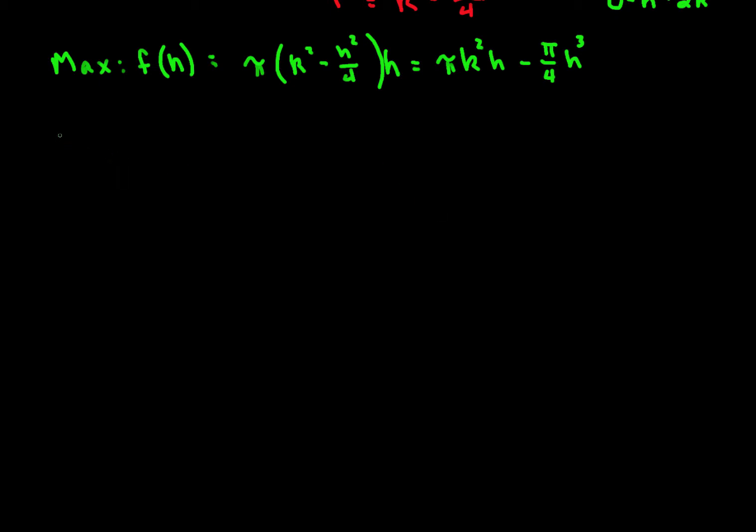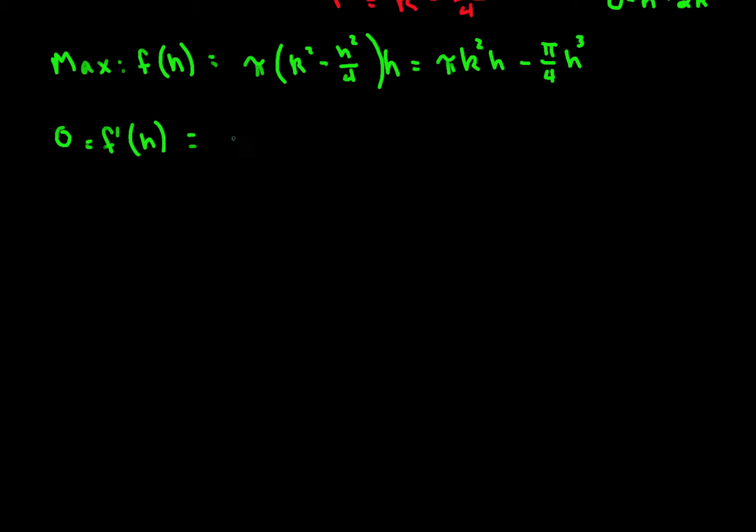So we want 0 to be equal to f prime of h. And don't get lost here, that k is a constant, just like pi is a constant. So when we take the derivative, h is our only variable.